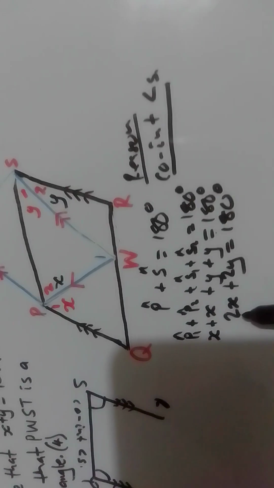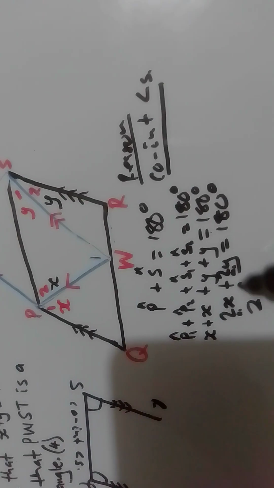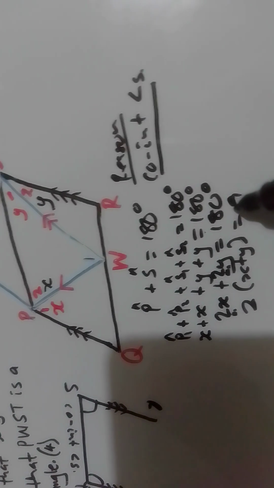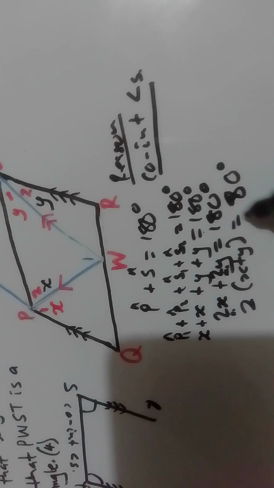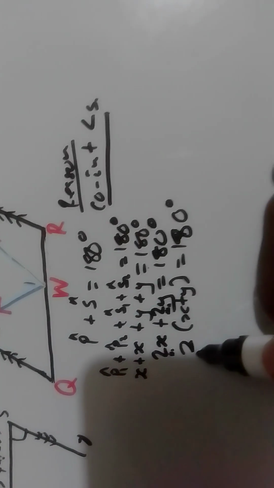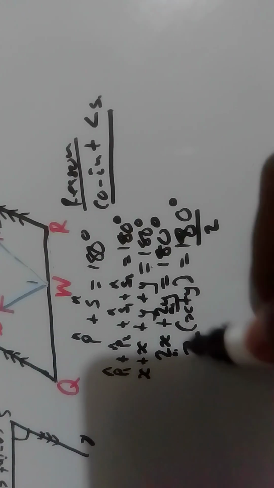Now I'm going to factorize 2 because it's a common factor. When I factor out 2, inside the bracket remains X plus Y is equal to 180 degrees. Now, what do I do when it's like this? I'm going to divide by 2 here and divide by 2 there. 2 into 2 is 1.